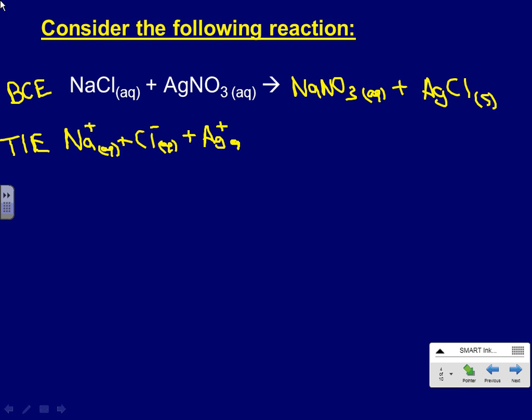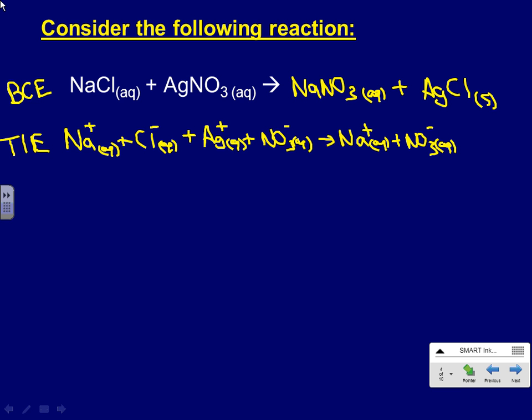Ag plus aqueous plus NO3 minus aqueous. And I will do the same with the sodium nitrate because it's also aqueous. Na plus aqueous plus NO3 minus aqueous.